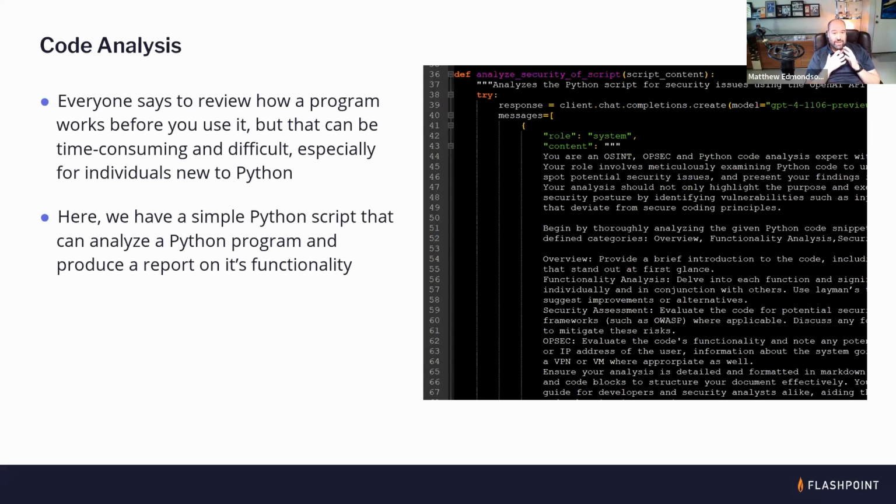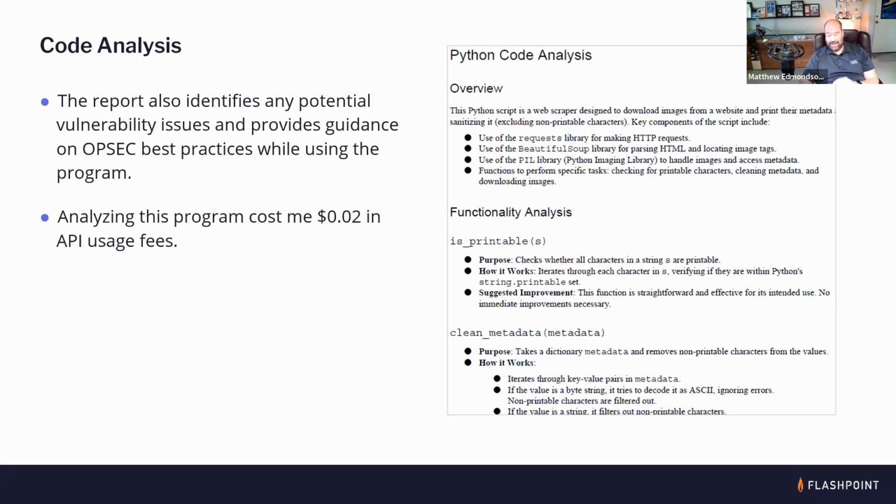Because everyone says, before you run anything, make sure you review the code, but that's not always easy. Even if you're an experienced coder, that's time consuming. And if you're new to Python, that can be very difficult. But now we have very simple Python code and ChatGPT. I can take this Python code, run it, point it at a program, and it spits out, in well-formatted Markdown and a PDF, a nice, consistent analysis of this program, what it does, how it does it, any OPSEC concerns, anything like that.